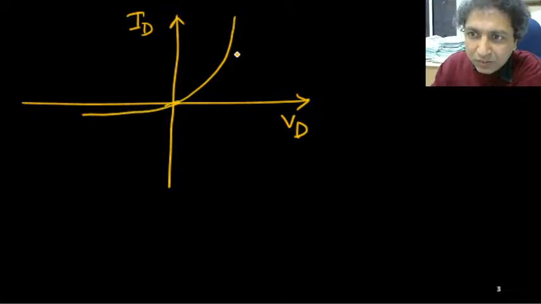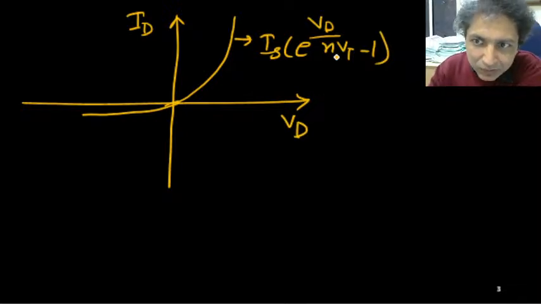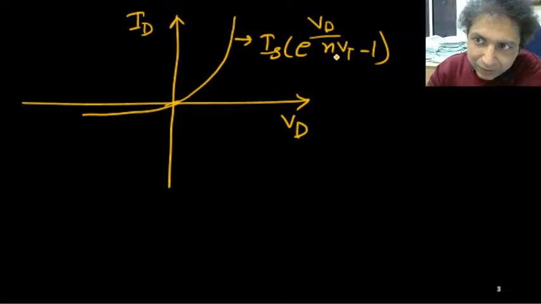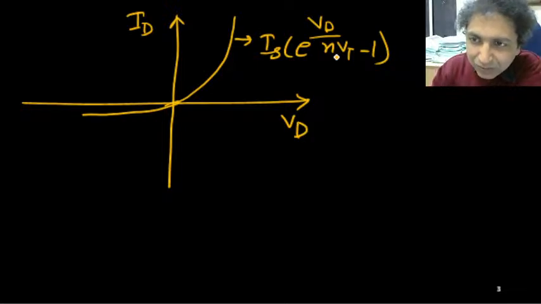This is one continuous exponential curve, and that equation I have said is IS times e to the power VD upon eta VT minus 1. Now this kind of equation is very hard to consider because if I use it in a circuit, then we can't solve for this ID or VD easily. So that's why we'll consider a simplified model.